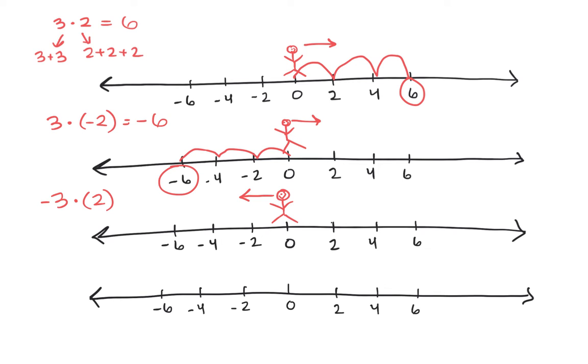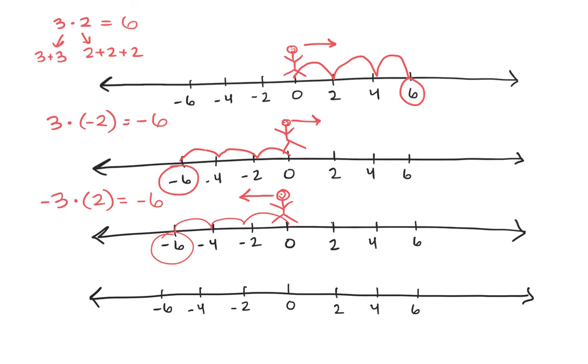That's like if the 3 is negative, but he walks forward here, he would still end up at -6. In other words, he could either be facing forward and stepping backwards, or facing backwards and stepping forwards. But if one of those things is negative, he ends up in the negative section. He ends up at -6.